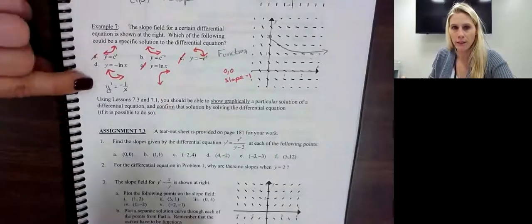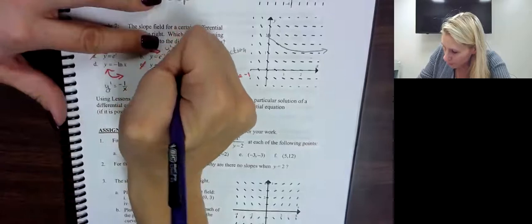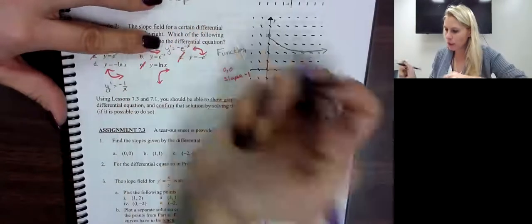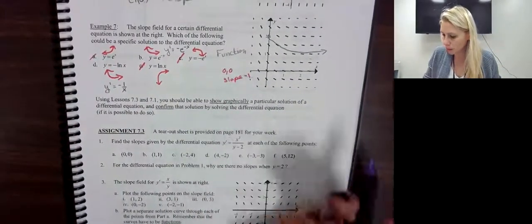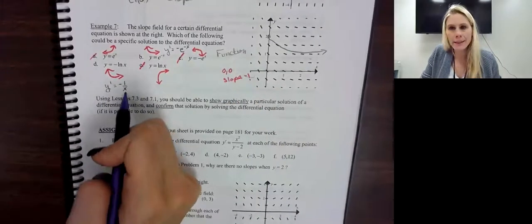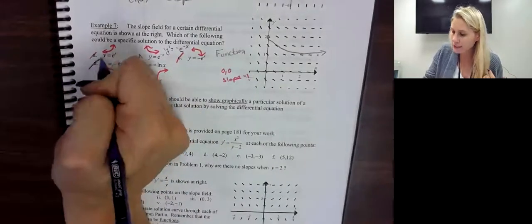Okay, and that's the derivative for D. What's the derivative for B? Y prime equals -e to the negative x. Okay, so let's plug in 0, 0 and see which one comes up with -1. Well, let's start here. -1 over 0 is undefined, not -1. So that's not the answer.